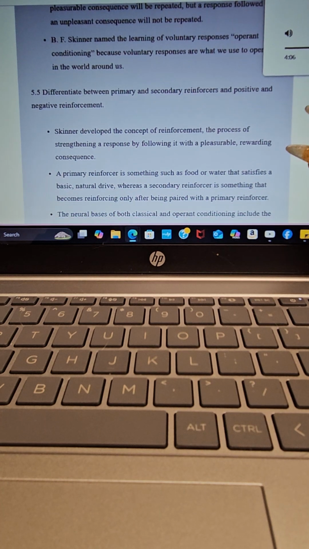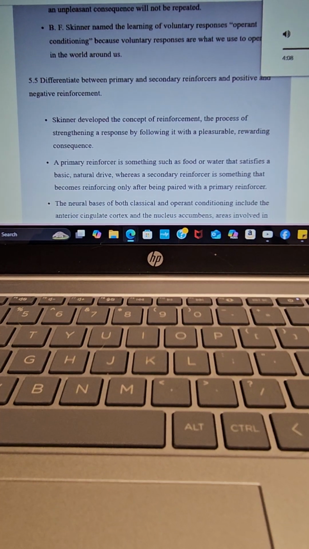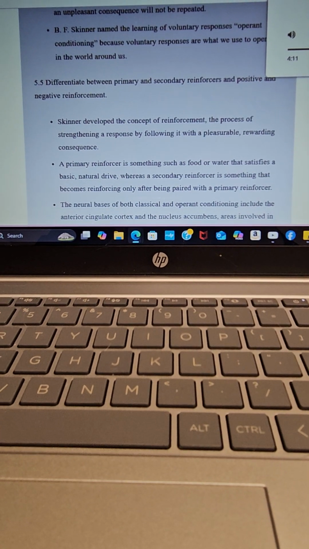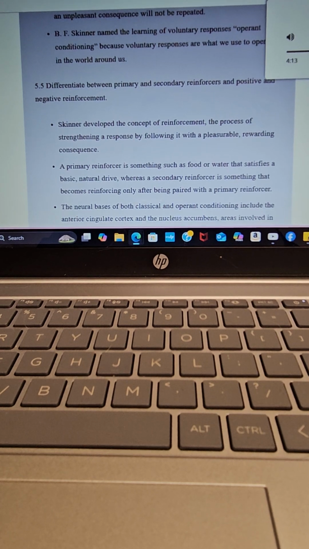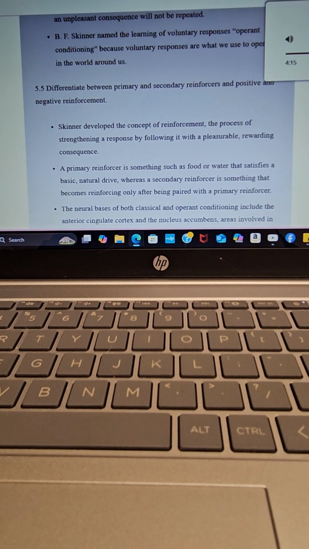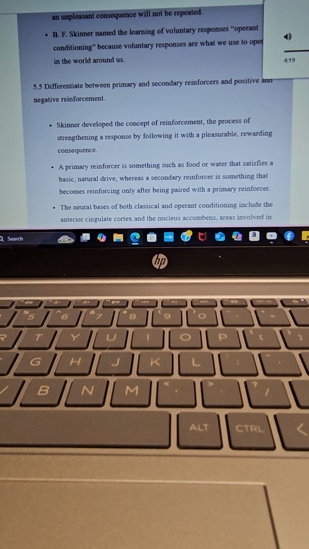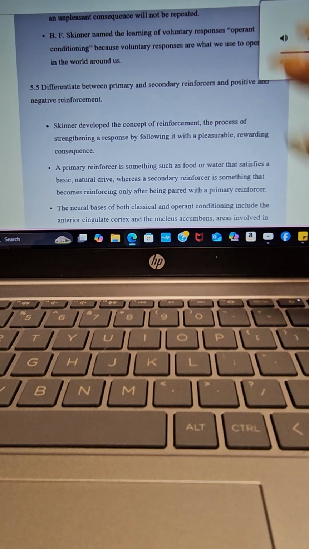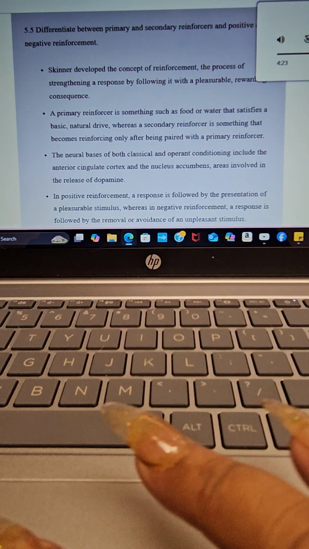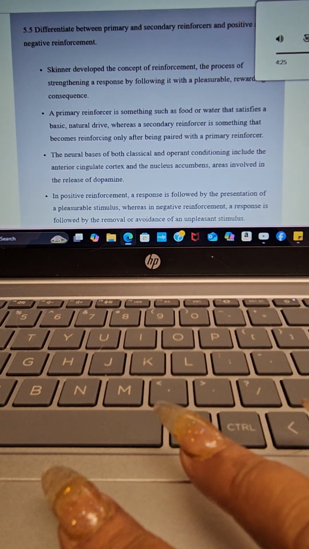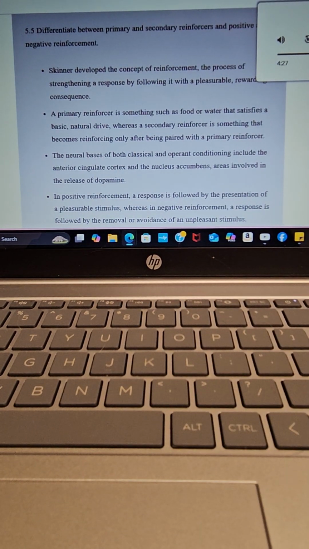B.F. Skinner named the learning of voluntary responses operant conditioning because voluntary responses are what we use to operate in the world around us. 5.5. Differentiate between primary and secondary reinforcers and positive and negative reinforcement.